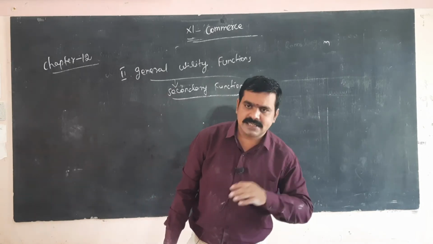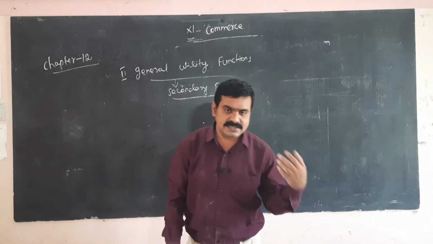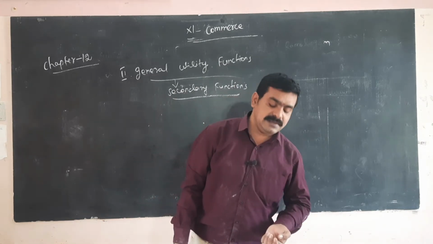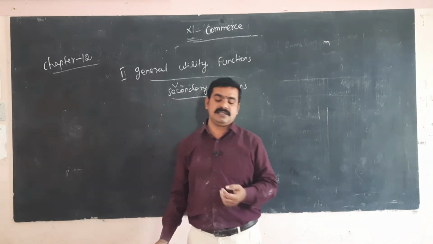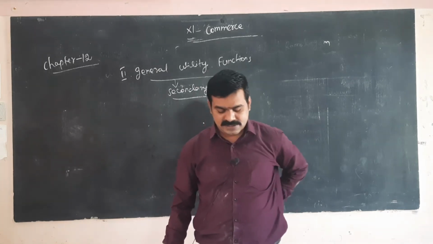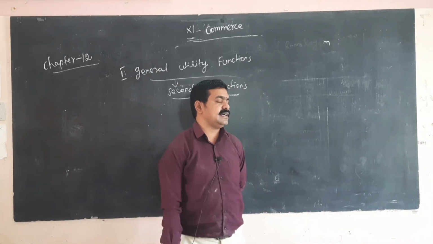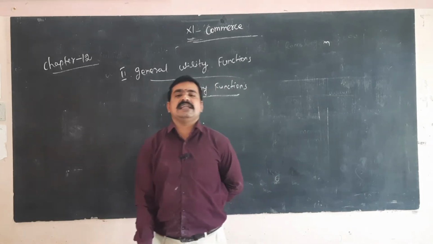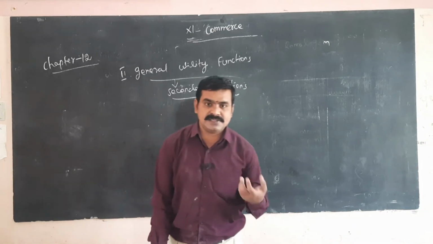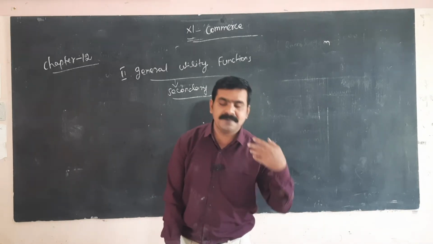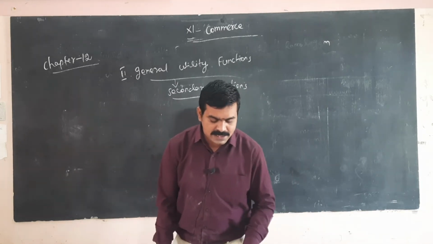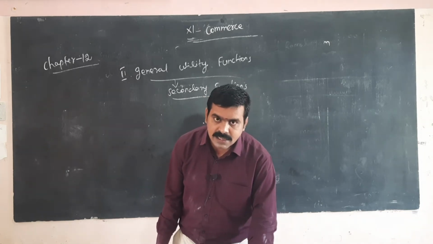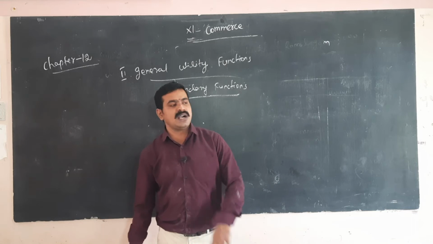One is agencies: acting as a correspondent, preparation of income tax returns, then dealing in foreign exchange, acting as executors for customers. Utility functions mean some services provided to take care of the welfare of the customers. They are called general utility services. What are the services?